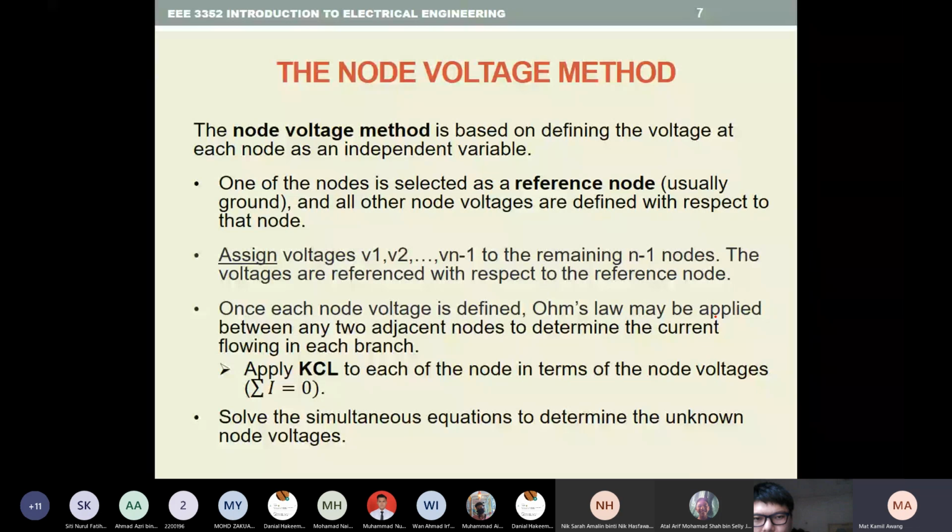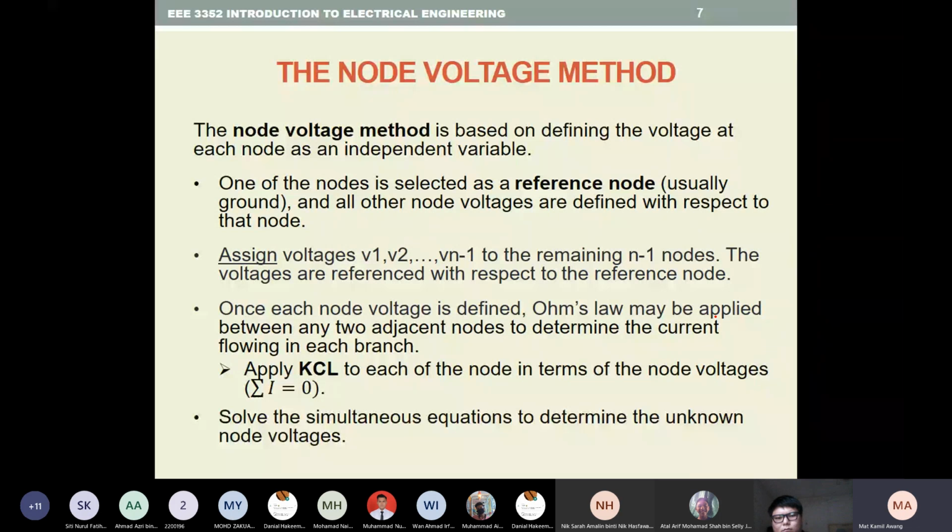Once each node voltage is defined, Ohm's law may be applied between any two adjacent nodes to determine the current flowing in each branch. So basically you define the current as V1 minus V2 over R, or VA minus VB over R, depending on which nodes that element is in between. If it's in between nodes A and B, then VA minus VB divided by R. If that branch is between VA and VC, then VA minus VC divided by R.